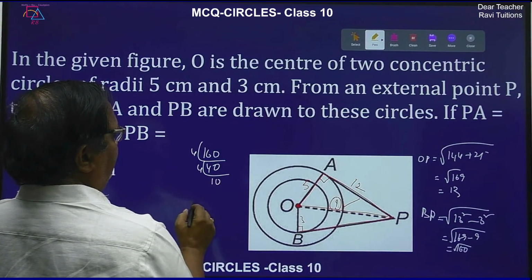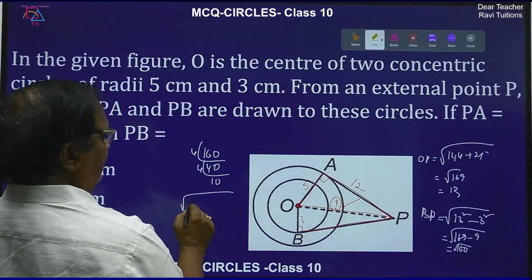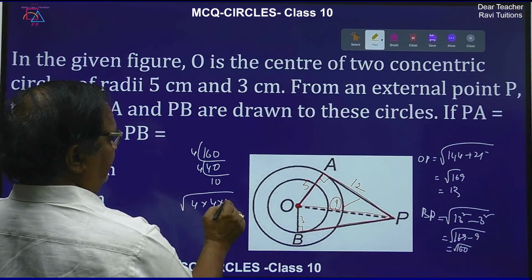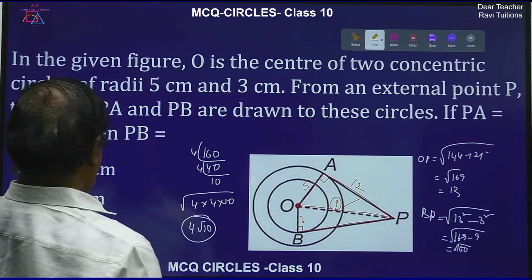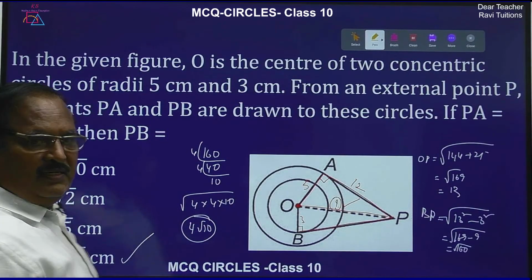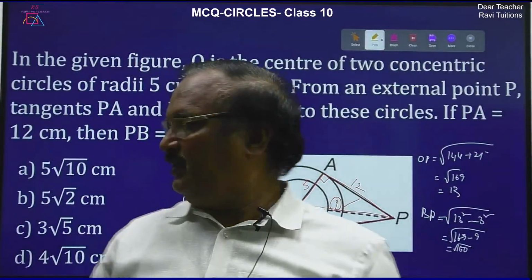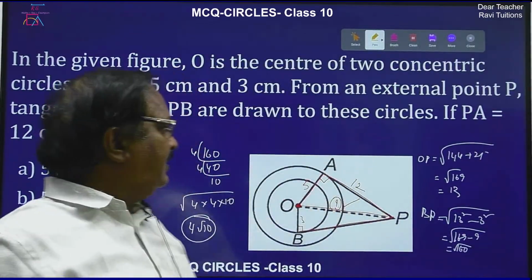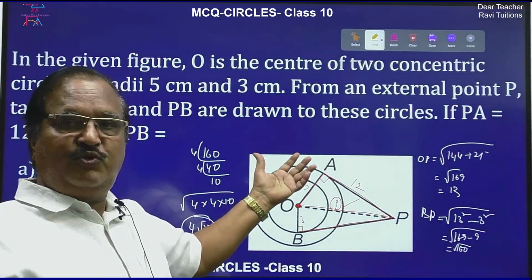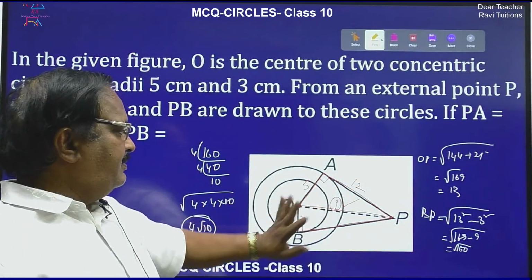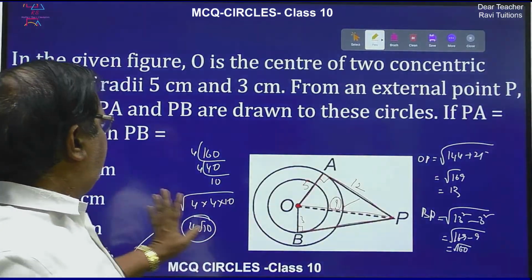So square root of 4 into 4 into 10. So 4 root 10 is the answer. You have to be very careful. Two steps. This question you may get as a 2 marks question or a 3 marks question. So this is the answer.